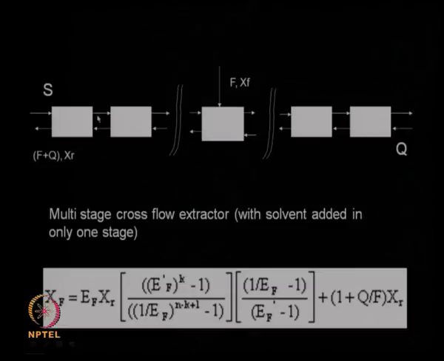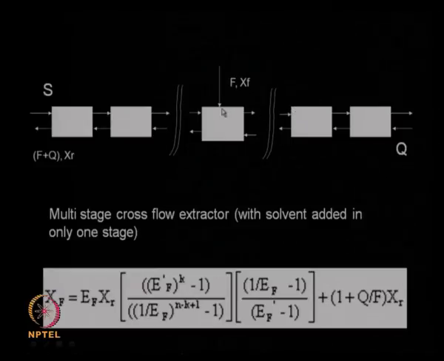Now your solvent is introduced from the left hand side and the solvent is free from any solute, that means there is no solute present in the solvent, and it moves here. So again the solvent is added only in one place like a normal countercurrent system.